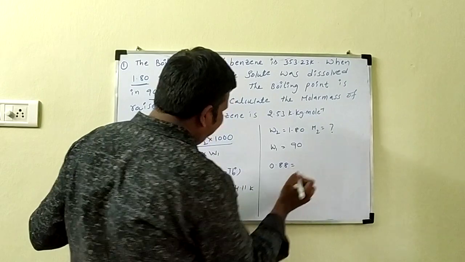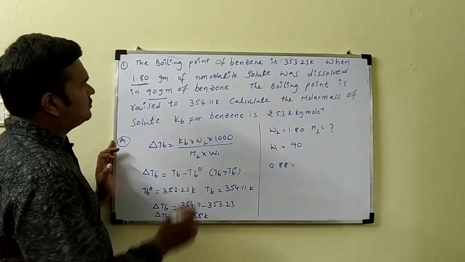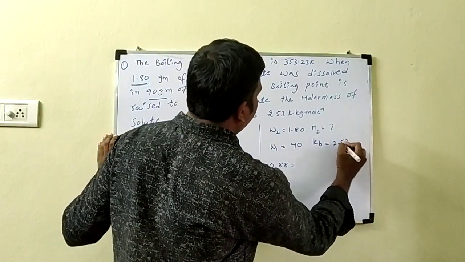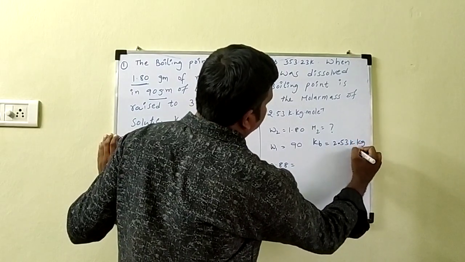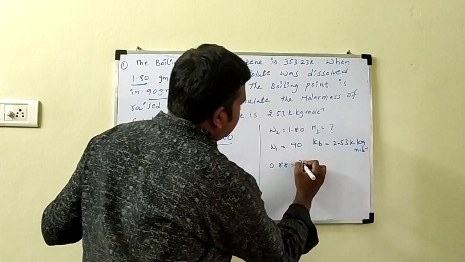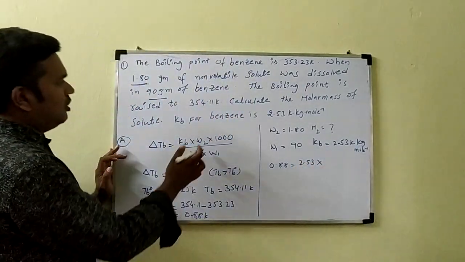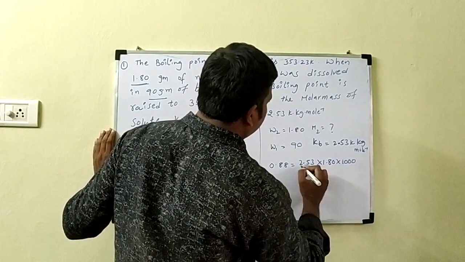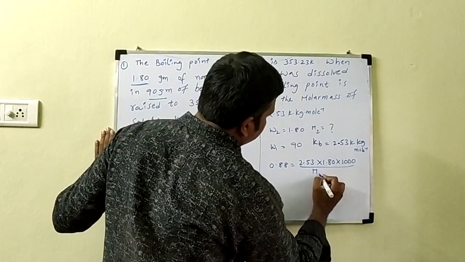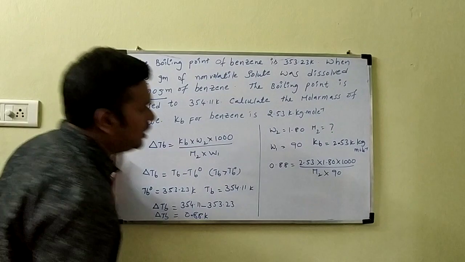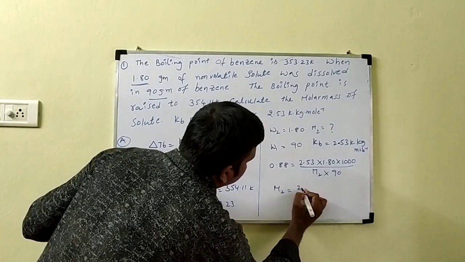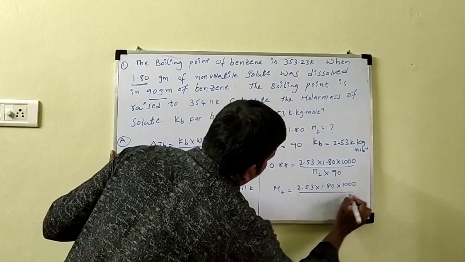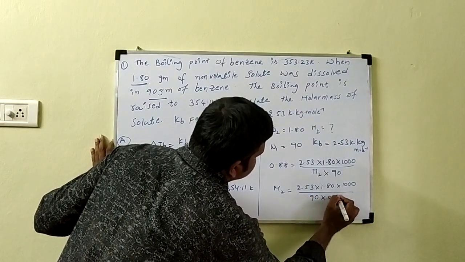So 0.88 is equal to Kb, which is already given, 2.53 Kelvin kilogram mole inverse, into weight of solute 1.80, into 1000 by M2 into W1, which is 90. Now M2 is equal to 2.53 into 1.80 into 1000 by 90 into 0.88.